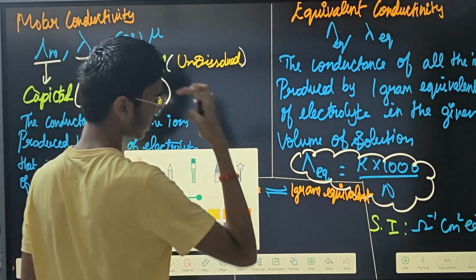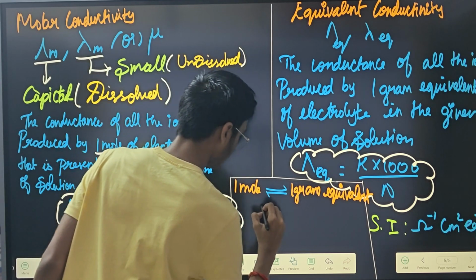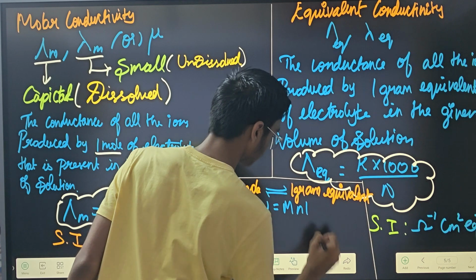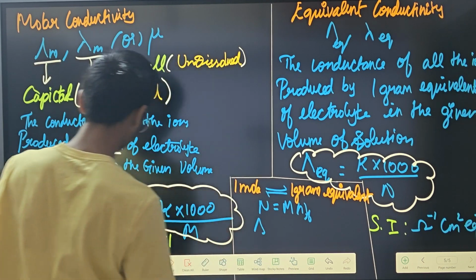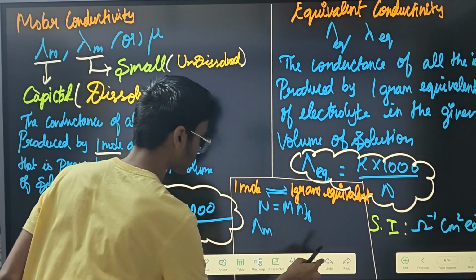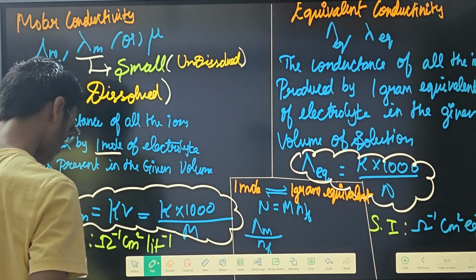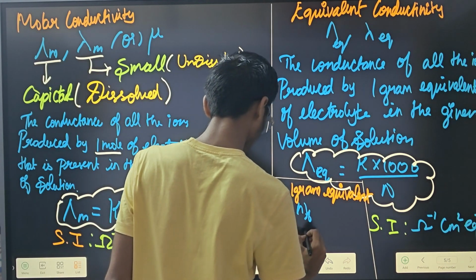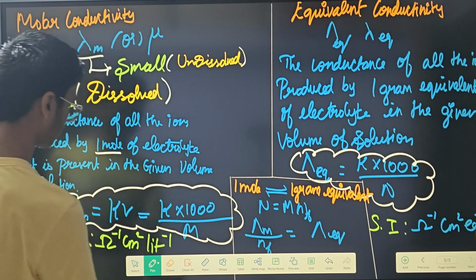After that, the formula relation: normality is equal to molarity into N factor. That means if you divide the molar conductivity by its N factor, then automatically it will be equal to the equivalent conductivity.